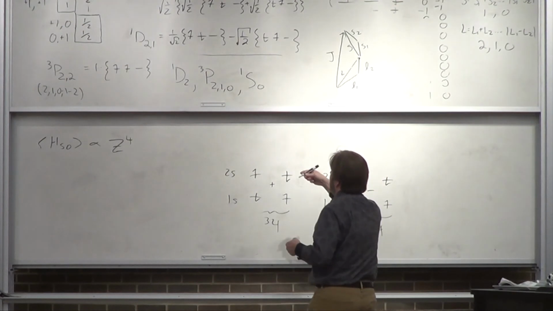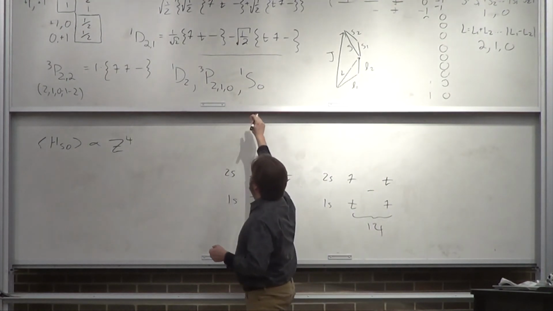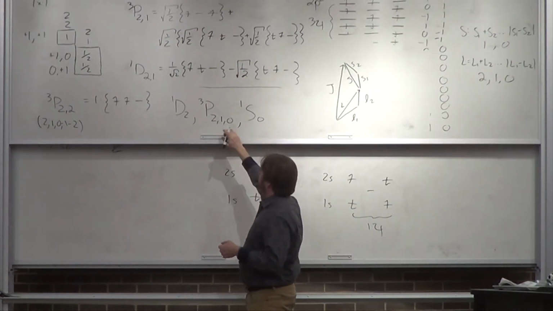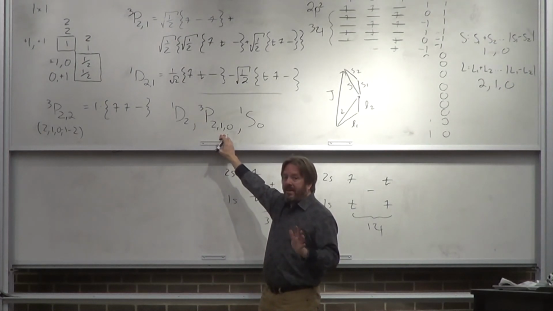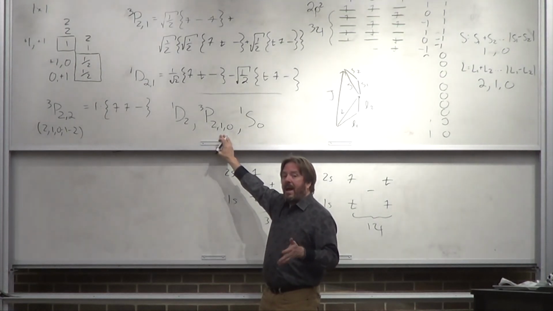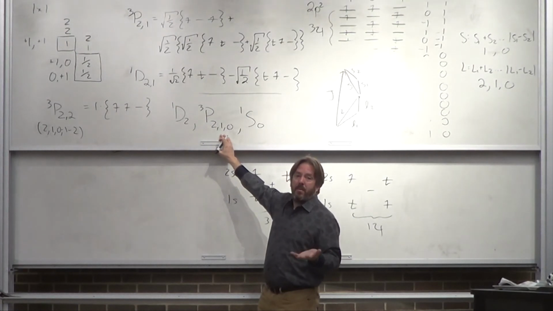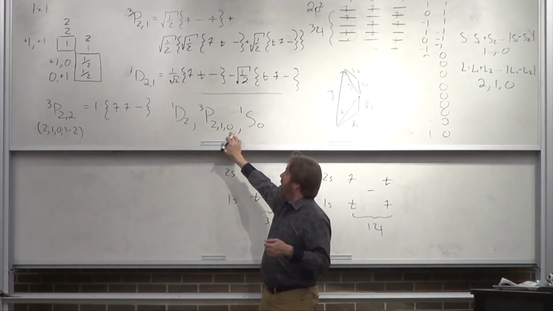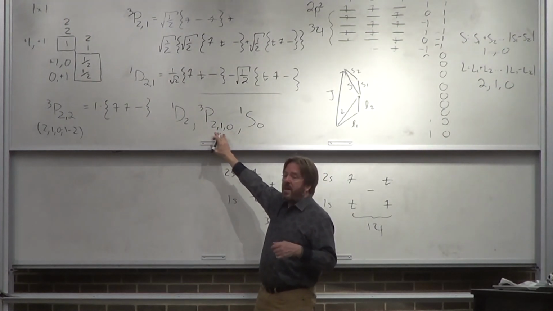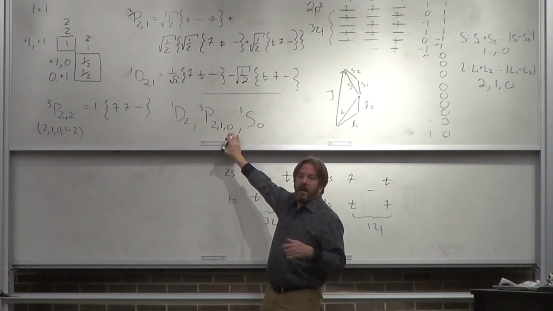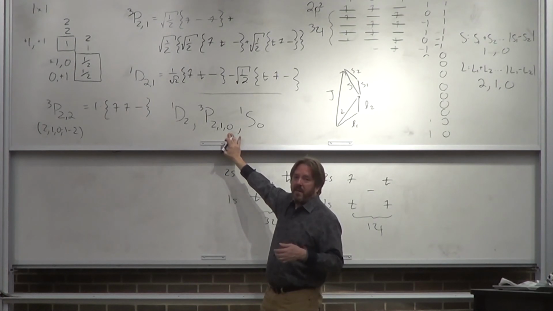Now, I did not do that here. I said L and S are well known, and then I added them to get J. If I do spin-orbit coupling by perturbation theory, I would know that the J of 0 state is the lowest. So the triplet is the lowest because of exchange, and spin-orbit makes the J of 0 the lowest. It all makes sense.